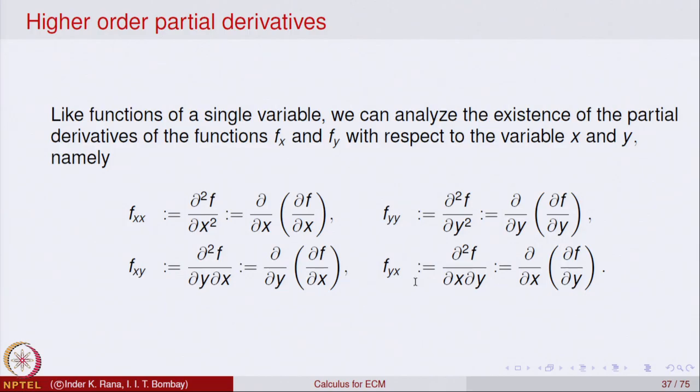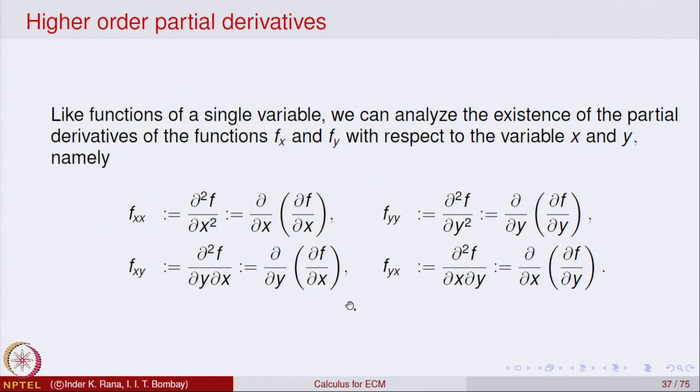Caution should be taken that for a function of 2 variables, the 2 mixed second order partial derivatives are in general not equal. There are sufficient conditions which ensure when they will be equal. We will not go into those conditions; however, we will assume that for our purpose those conditions are satisfied and they are equal.